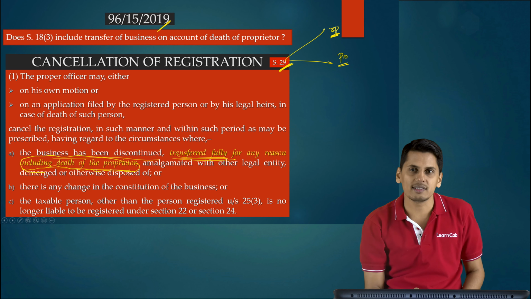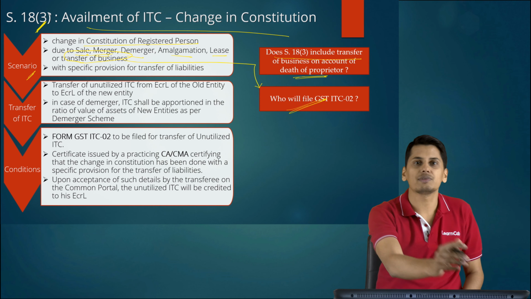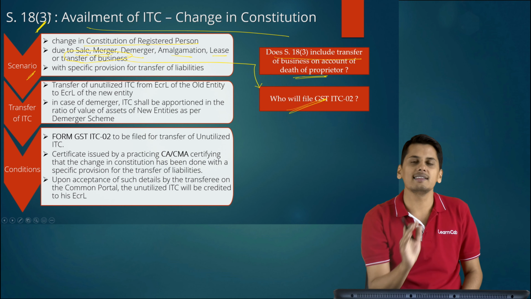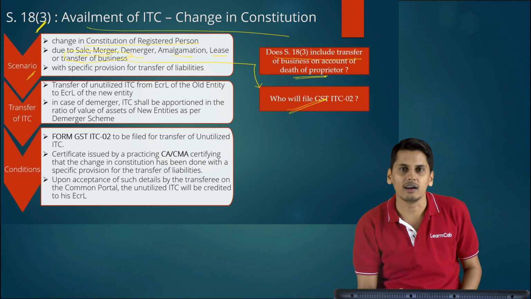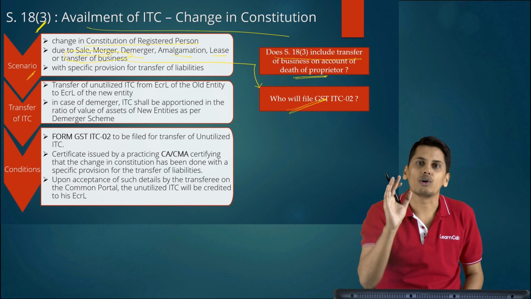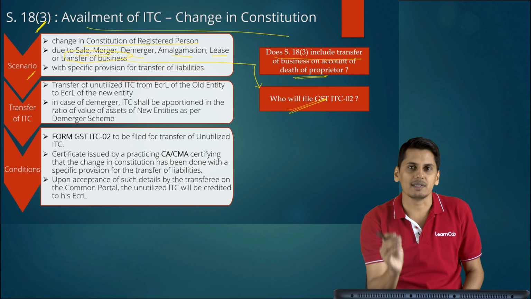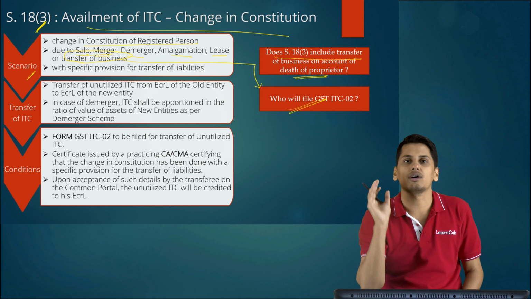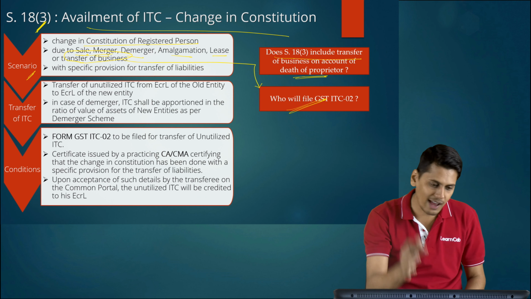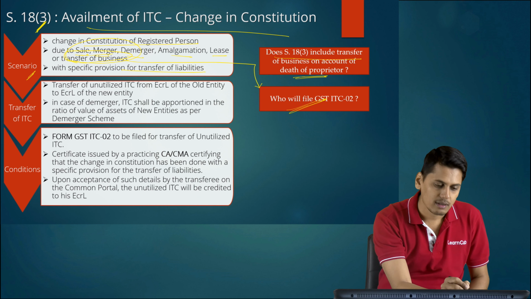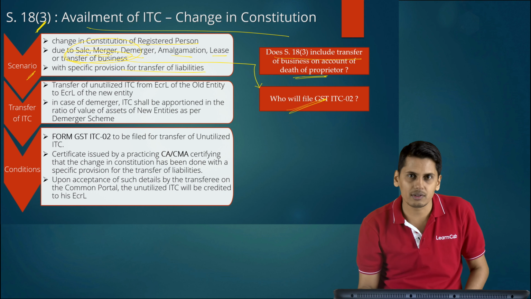So now friends, please try to understand. The circular is trying to answer a question which is raised in section 18 subsection 3. But for answering 18 subsection 3, the circular is trying to find out at the other places in the law, does transfer of business include death also? If at the other places inside the same law, transfer of business includes transfer on death of the proprietor, then even in 18 subsection 3, the intention of the lawmakers would have been to include any transfer of business on account of death of the sole proprietor.